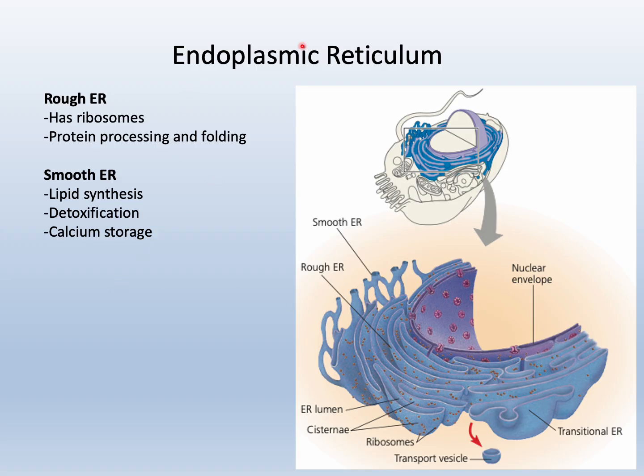The smooth ER makes lipids and helps detoxify certain substances. The smooth ER is this part right here that is completely free of the brown dots. It also helps store calcium. Together they help manufacture and move important materials throughout the cell.